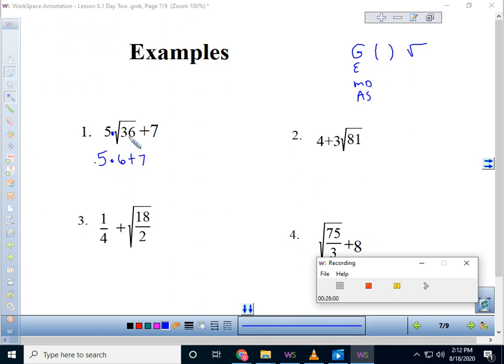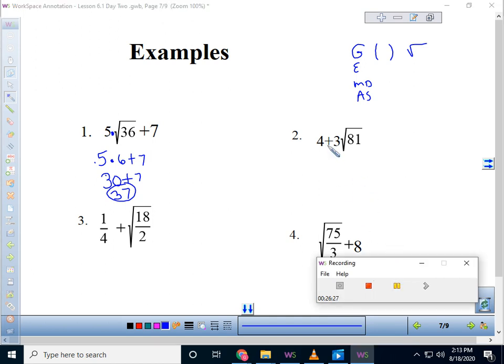I substituted a 6 in for the square root of 36. Now, I don't have any exponents. I do have multiplication and division. So I have 5 times 6. Well, what's 5 times 6? 5 times 6 is 30. So 30 plus 7 is 37, and there's my answer. Okay, go ahead and try number 2 on your own and see if you can do it.